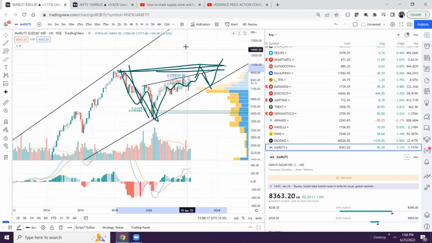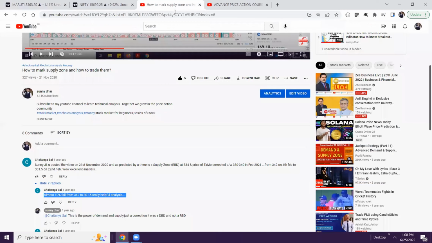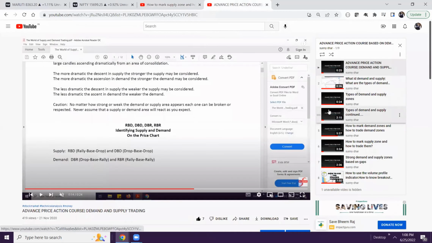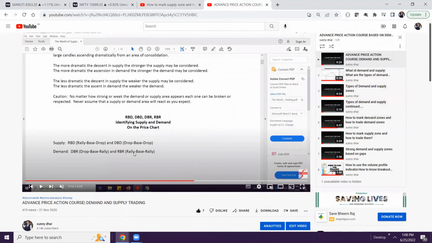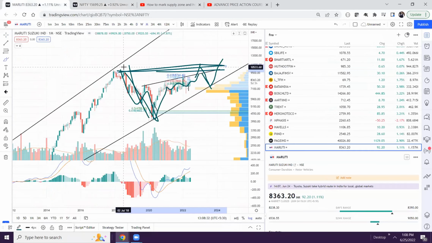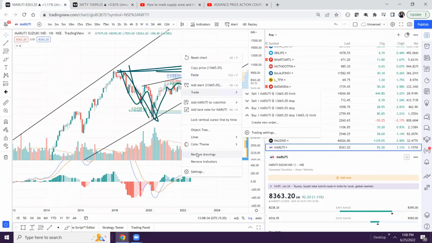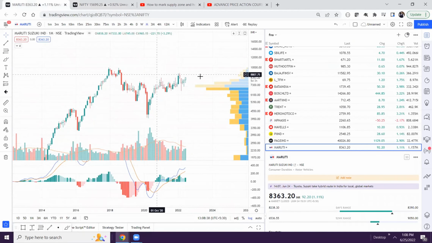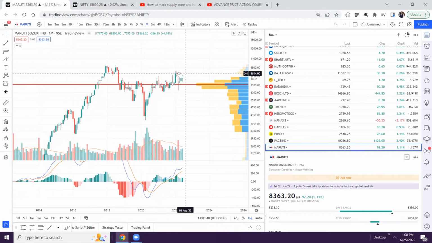And if anyone does not know how to mark these zones, there is already a playlist. I will share that in the description. By that, you will understand how to mark these demand zones and these supply zones. So then you can do this. Okay, so any other stock, any participant?